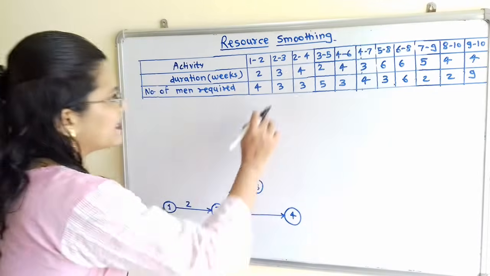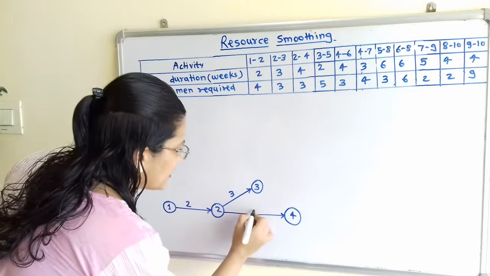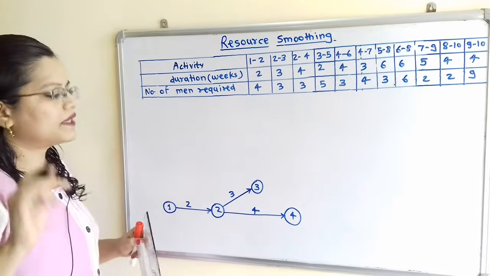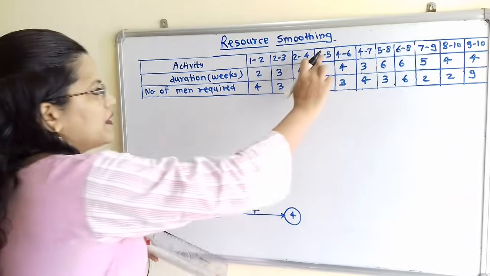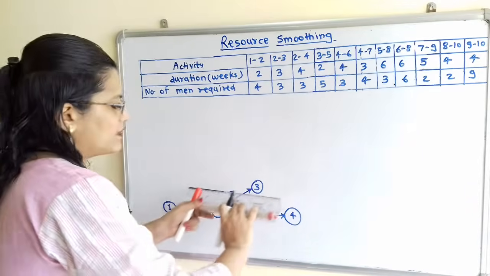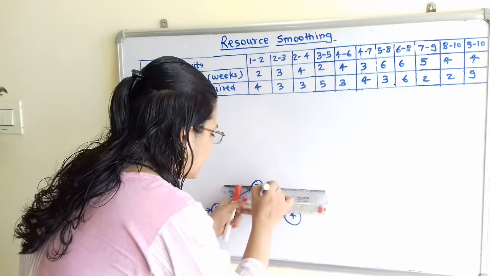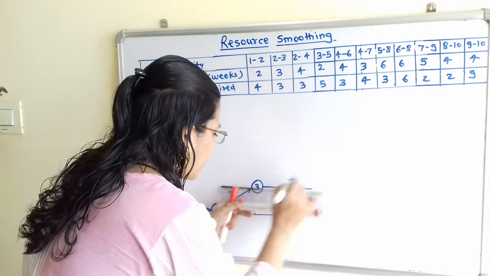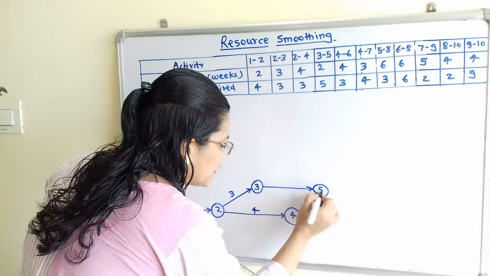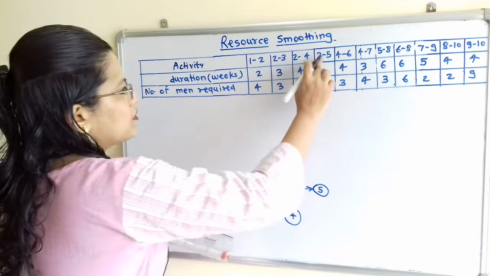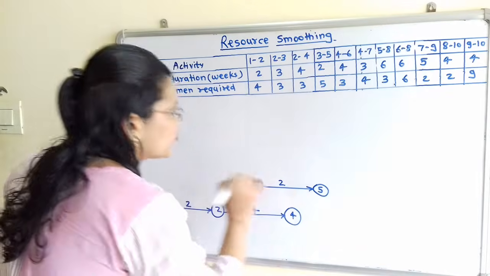And for this activity 2 to 4, 4 weeks are required. So we have to mention. Now from this node 3 there is one activity 3 to 5. So I will draw here one arrow starting from this node 3, and we will show here number 5, and for this 3 to 5 duration is 2 weeks.